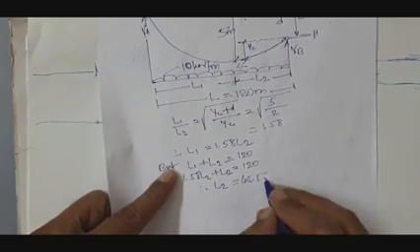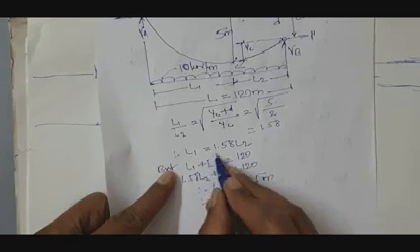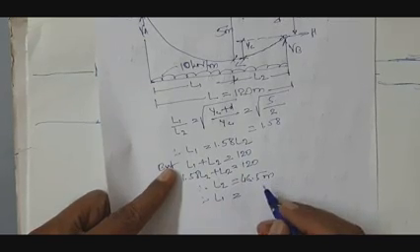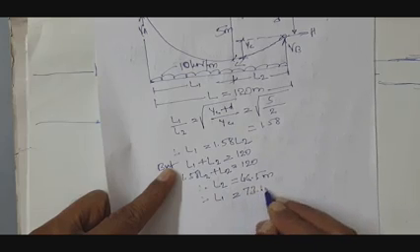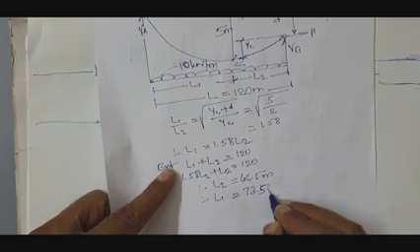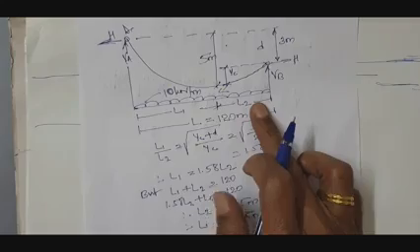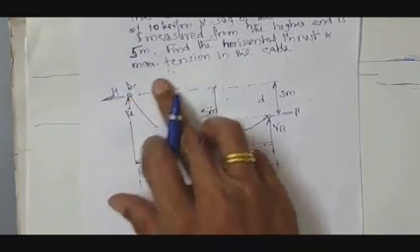Now, what is L1? It is 1.58 times L2, so 1.58 into 46.5 gives 73.5 meter.